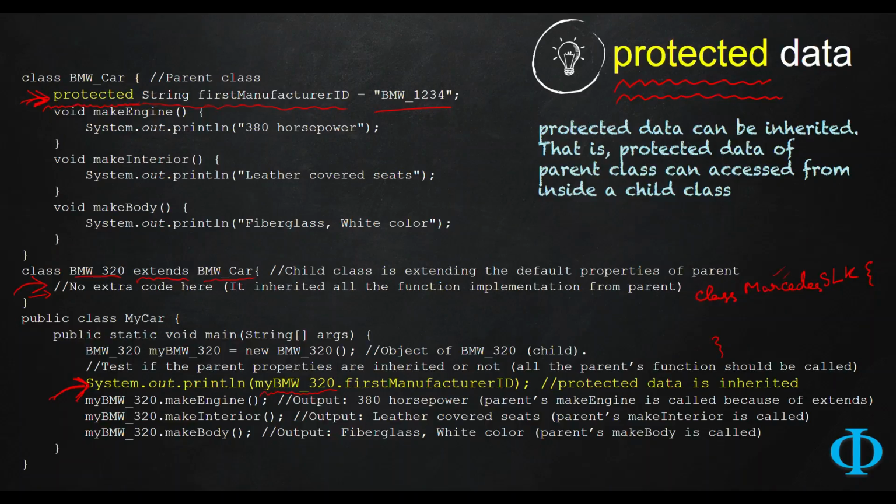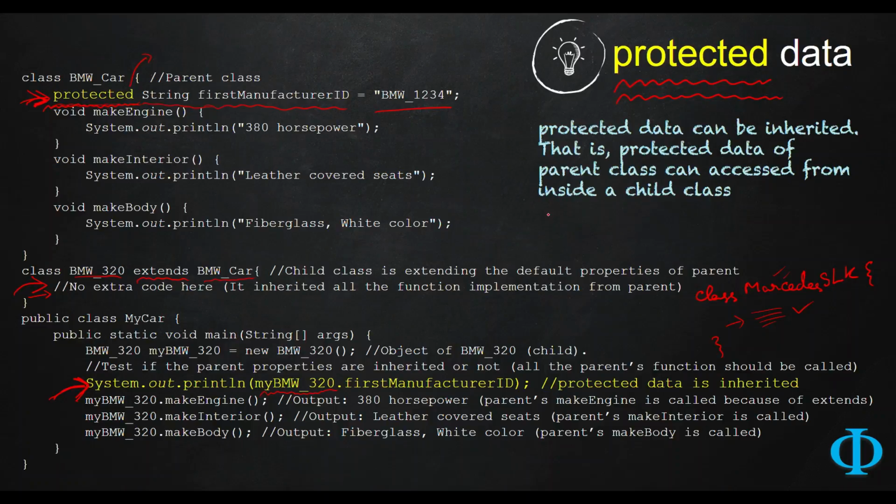And whenever it is an entirely different class, if you try to access the protected member over here, you cannot access it. If it was public instead of protected, you could access it inside this Mercedes SLK class, but if it is just protected, you cannot access it inside this Mercedes SLK.